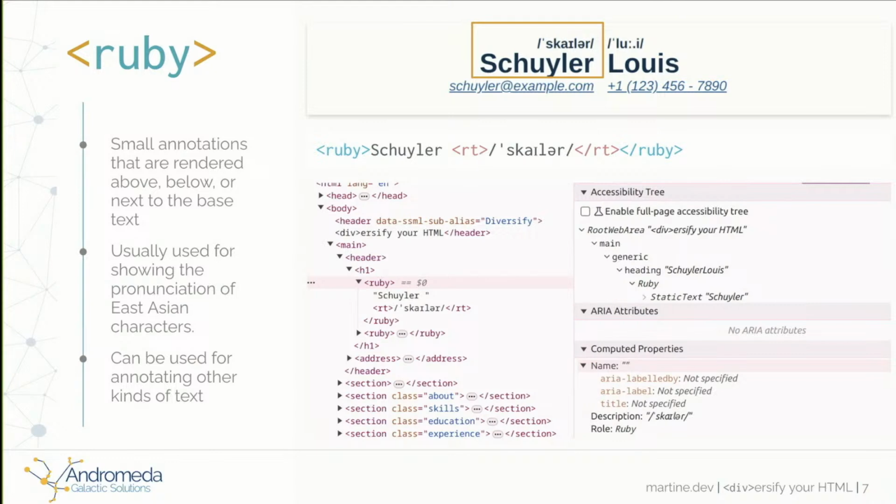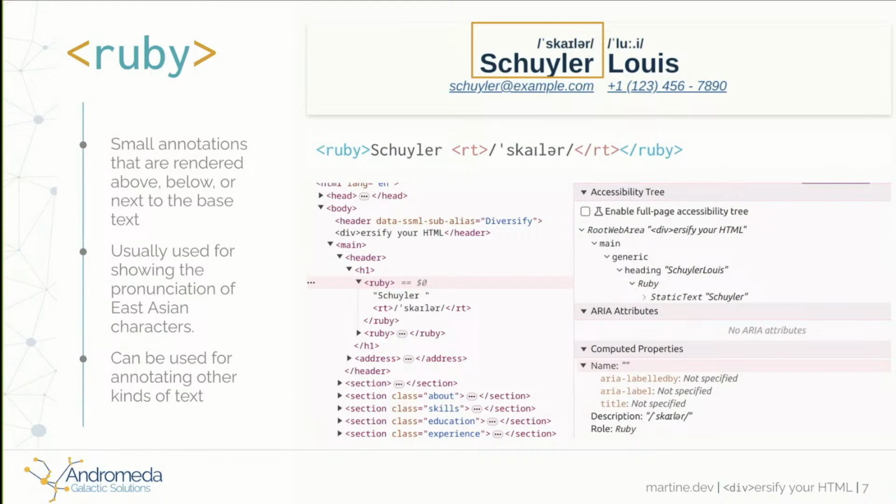The interesting bit, if you look at the spec, is that although it's usually used for pronunciation, it's actually just a simple annotation. So you could use it just to annotate text, and by default, with no CSS whatsoever, it's going to be displayed above the word.